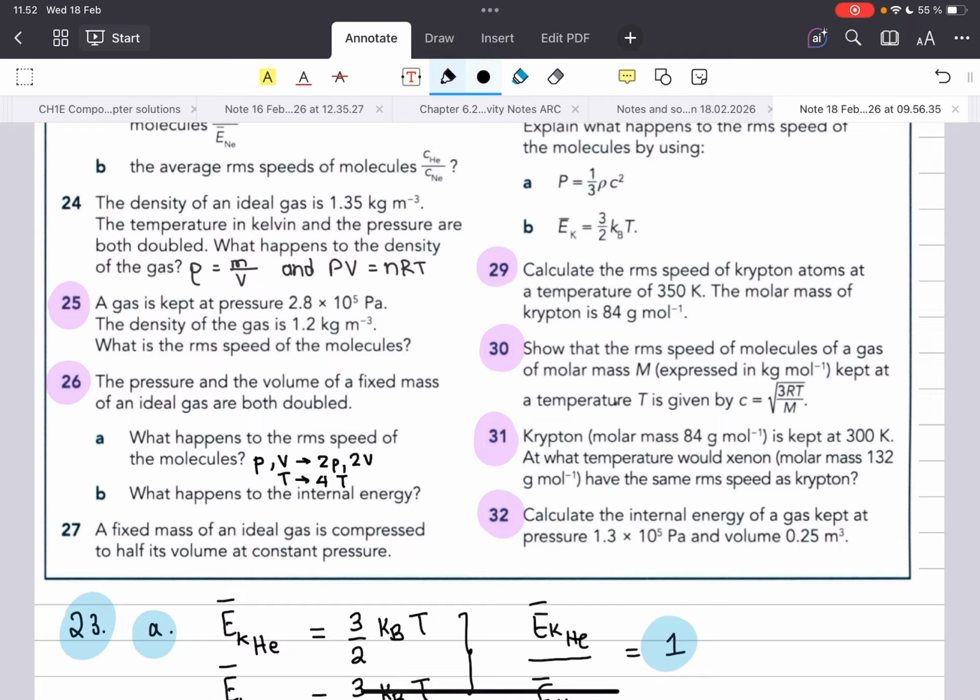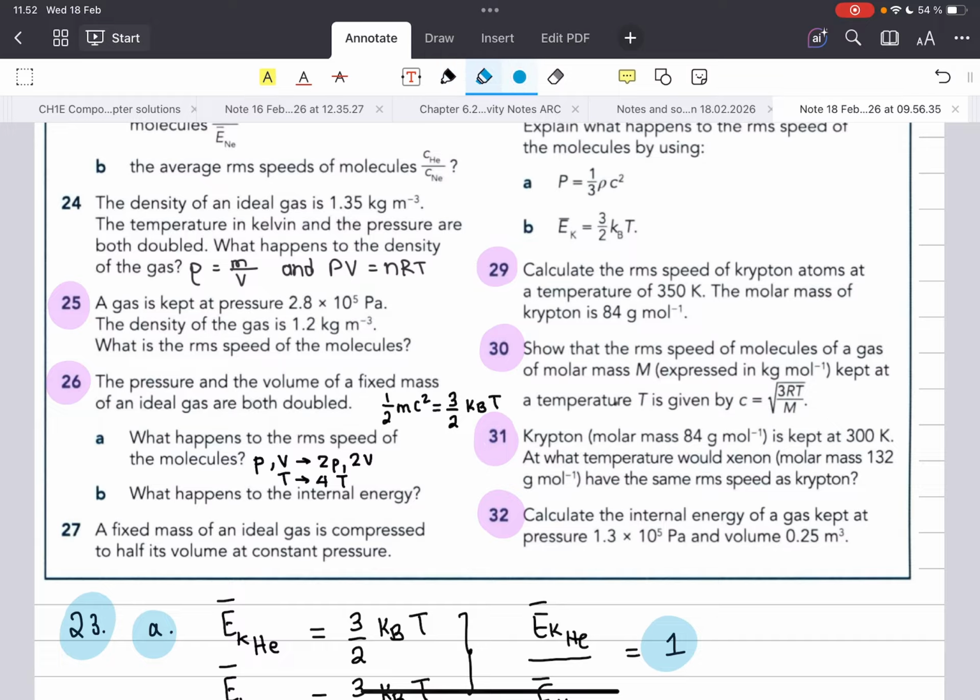But it's asking what will happen to the root mean square speed of the molecules. We just learned that a half m c squared, the average kinetic energy per particle, is equal to 3 over 2 kBT.